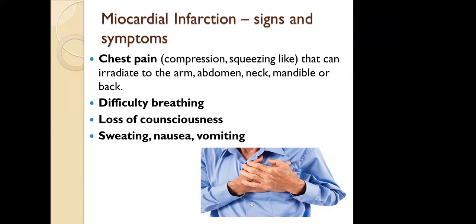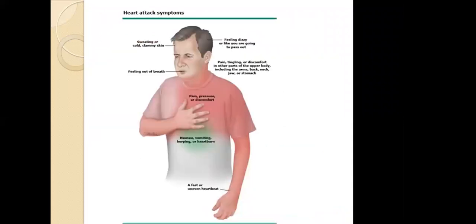They also usually have difficulty breathing, and they can lose consciousness or be very sweaty, nauseated, vomiting even. You have here a drawing of a person having a heart attack, so they can be sweating, cold, feeling dizzy, pain, tingling, discomfort, out of breath, pressure.